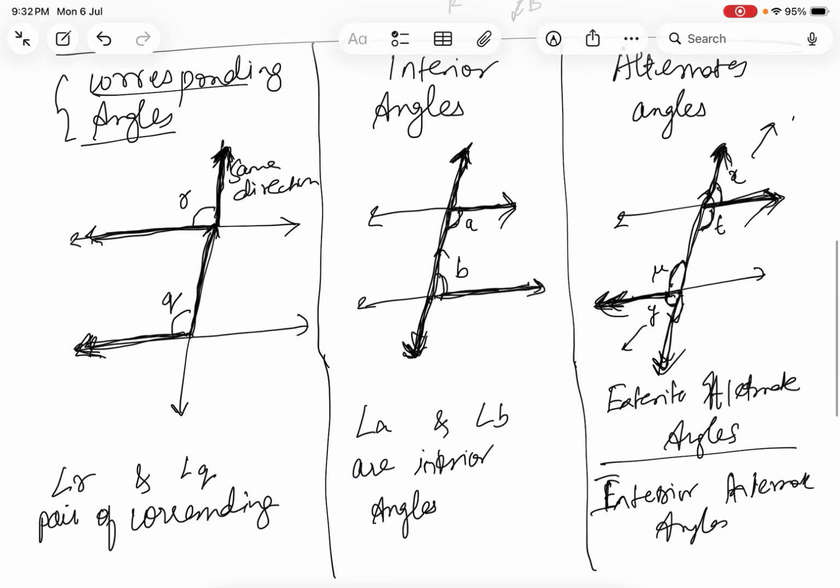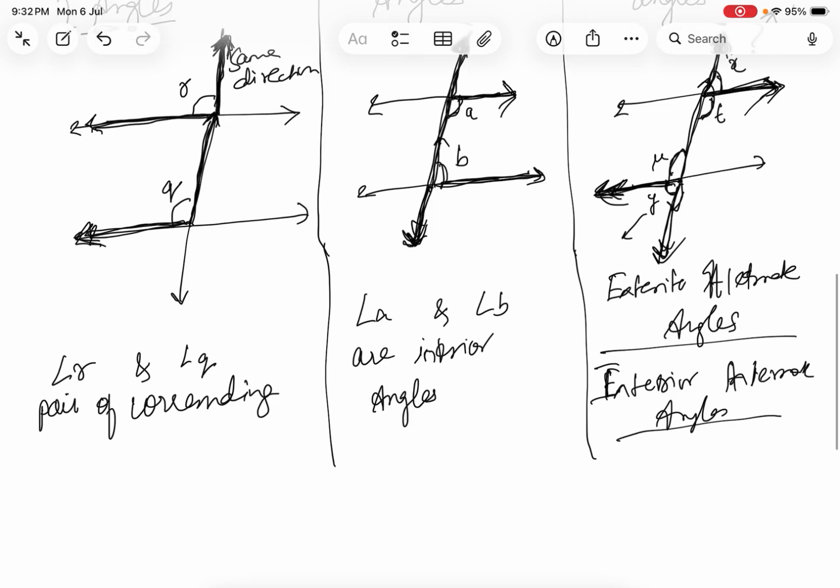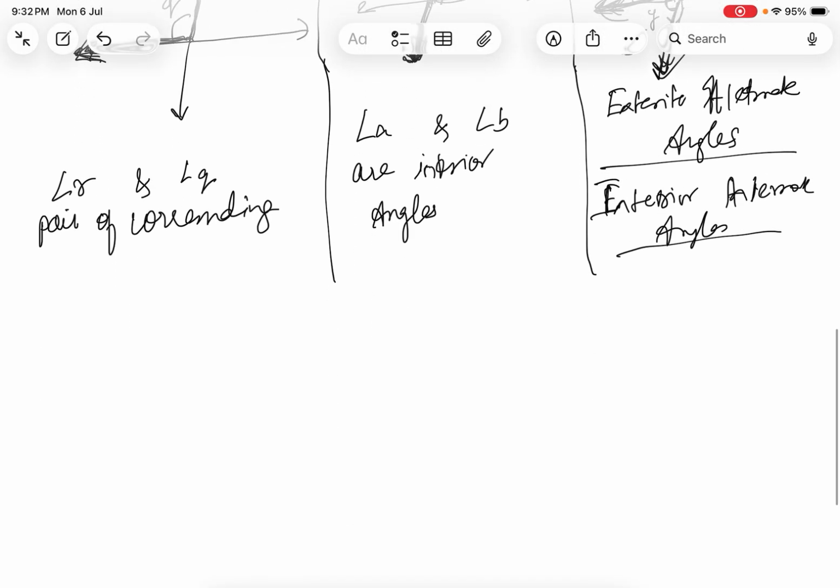Then such angles formed are known as alternate angles. So these concepts again are very important.